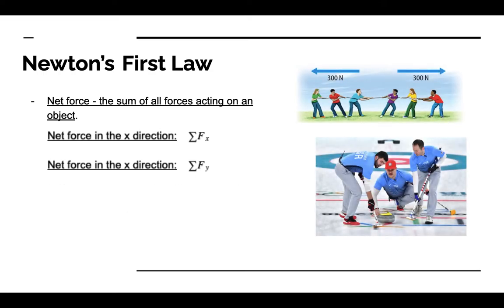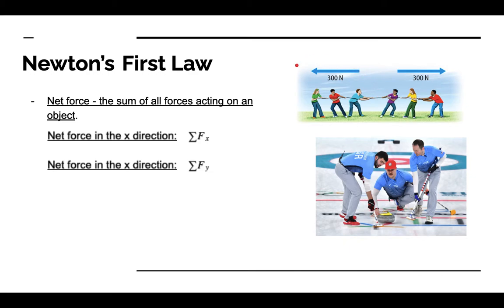So, if we look at these two examples right here, we'll see that we have a tug of war, and we can imagine a little flag in the center right here, okay? If both sides are pulling with 300 newtons, one side 300 newtons to the right, the other side 300 newtons to the left, we can recognize that there are individual forces acting on our object, specifically the flag in the center if we imagine it there. However, the net force acting in the x direction is 0.